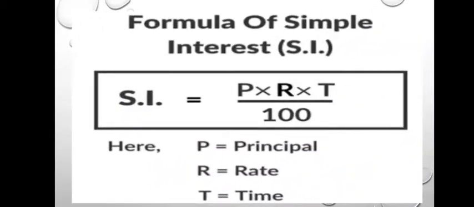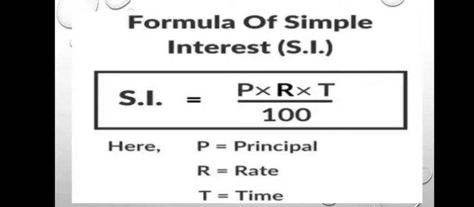The formula for simple interest is PRT over 100. Now let's see the meaning of these letters. P means the principal, that is the amount that was invested or borrowed out.